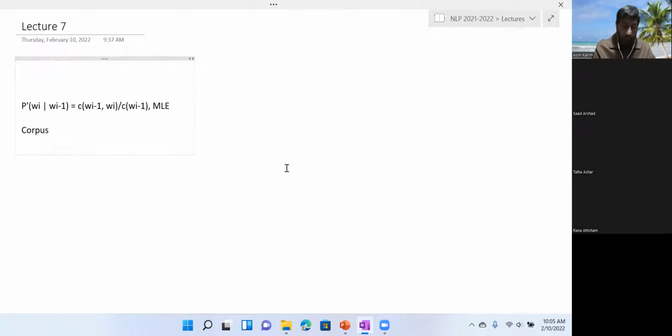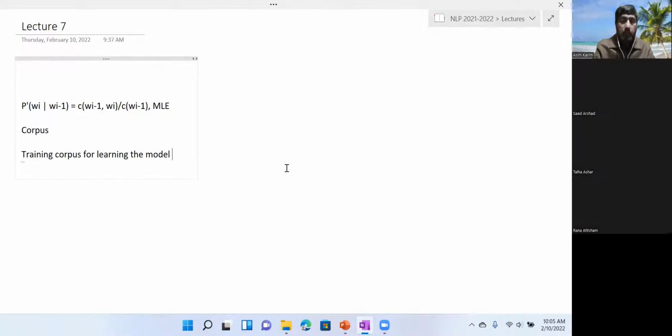Now the next question is, how do you evaluate the quality of a language model? What is typical in machine learning is that we have a training corpus, on which we learn the model, meaning the probabilities.